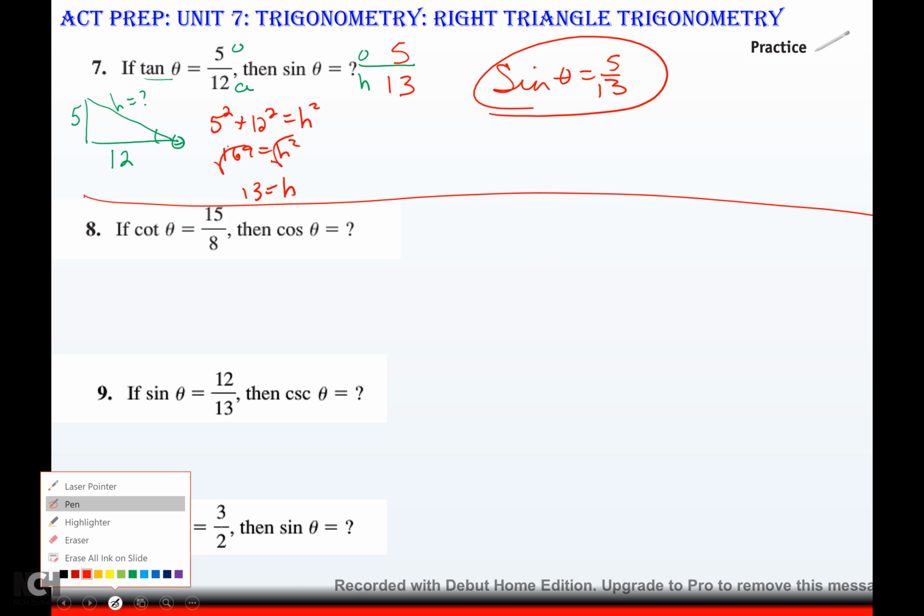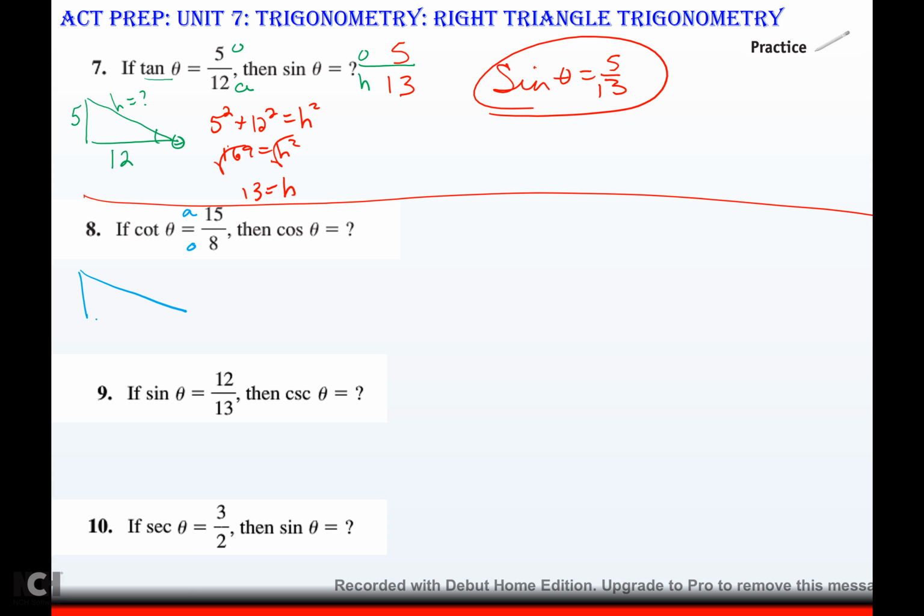If cotangent of theta equals 15/8, cotangent is reciprocal to tangent, so it's adjacent over opposite. So again, if I draw my triangle, put theta there, adjacent to me is 15 and opposite is 8, and they want cosine, which is adjacent over hypotenuse.